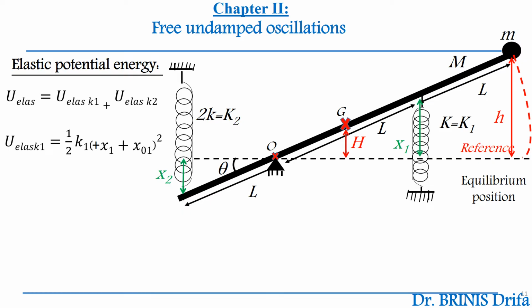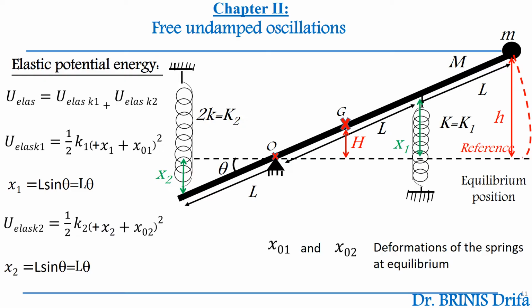It means that x1 is positive, and for the second you see that also the spring x2 is elongated, so you take plus. If it is compressed, we take minus. Okay, and the calculation of x1 is L theta, x2 is L theta.